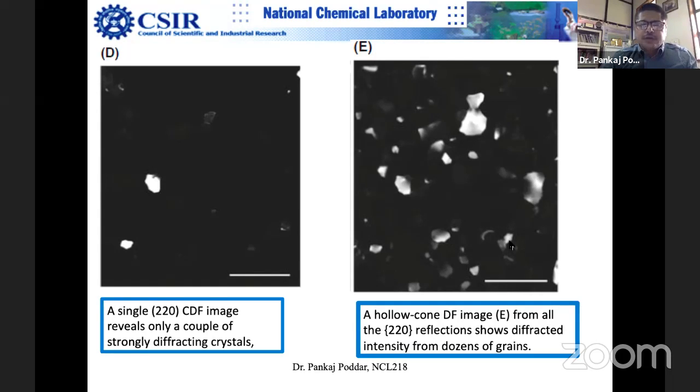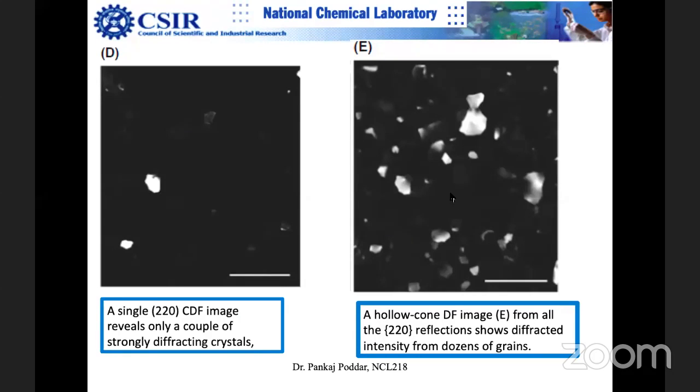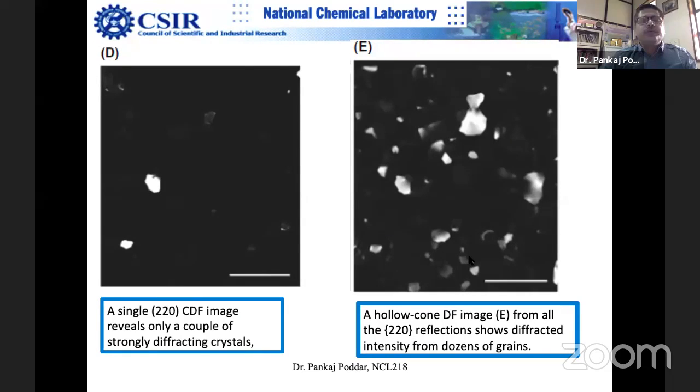Somebody asked me this question: when we are doing this electron diffraction, we do not know which dot belongs to which plane. Fine, no problem. But at least you can do this analysis later on. Just select one or two dots, form an image, and keep on doing that.